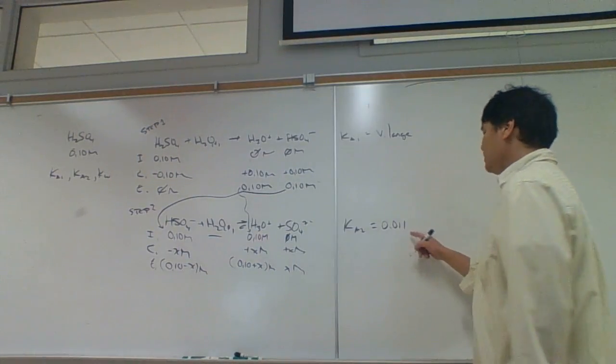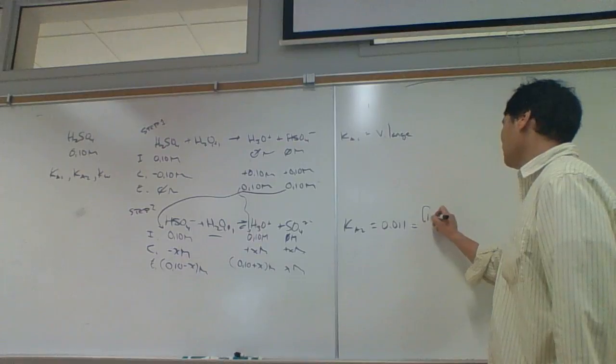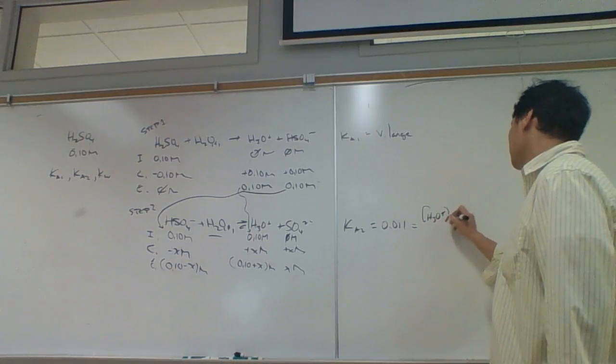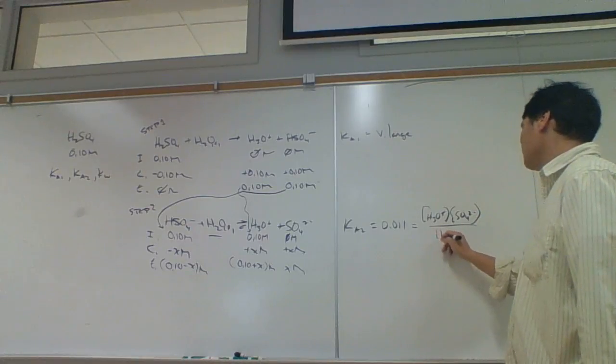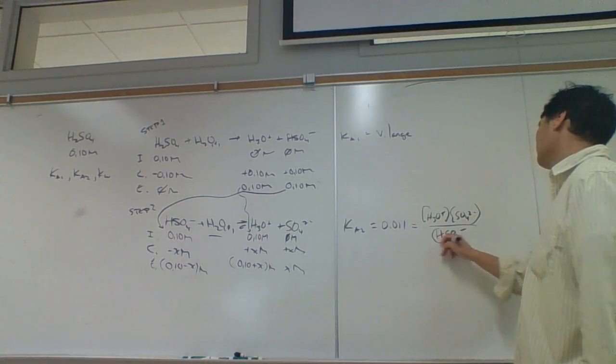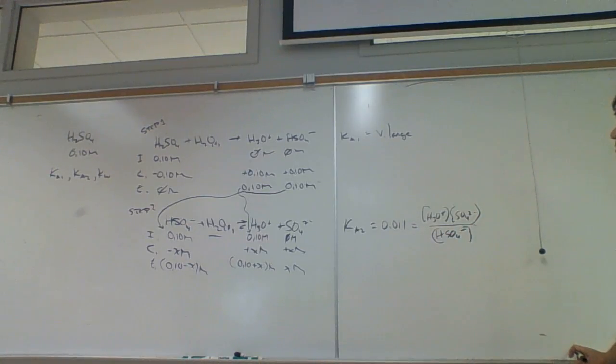Now, Ka2 is going to equal the hydronium ion concentration times the sulfate ion concentration divided by the HSO4 minus concentration. And so let's plug that in up here. So 0.011 is equal to the hydronium ion concentration, which is 0.10 plus X, times X, divided by 0.10 minus X.